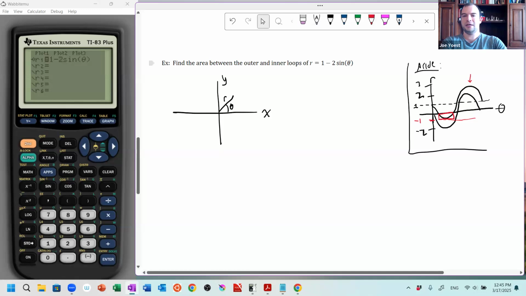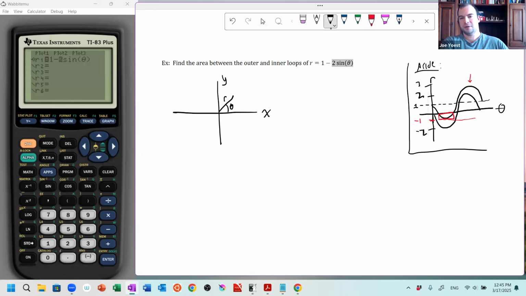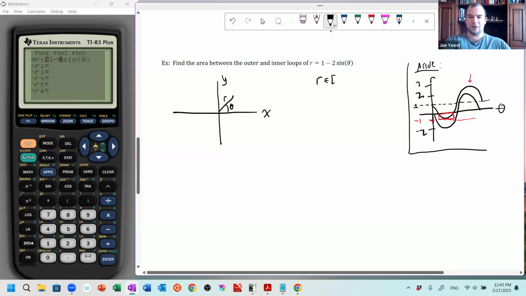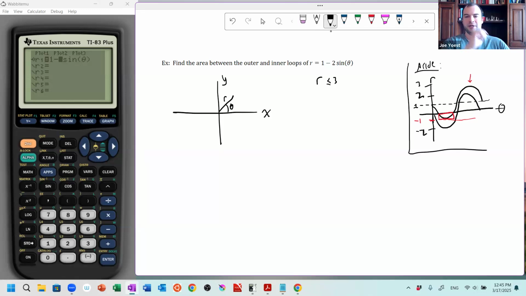So when sine theta is -1, I'm going to get 1 plus 2, or 3. So my radius r is going to have an upper bound of 3 and a lower bound of actually -1. So some r's are going to be negative, some positive.